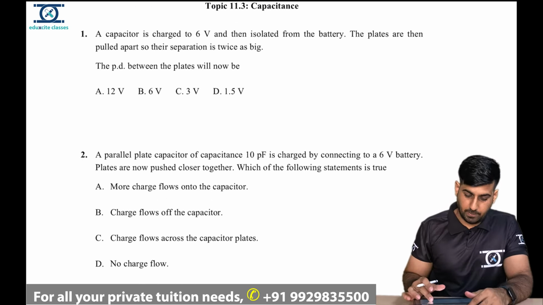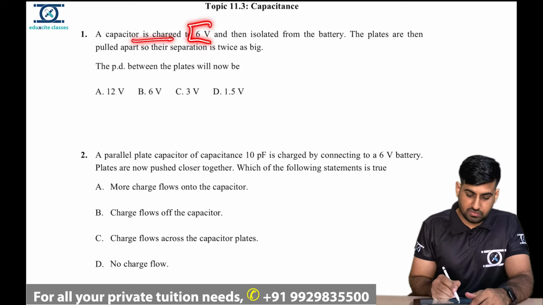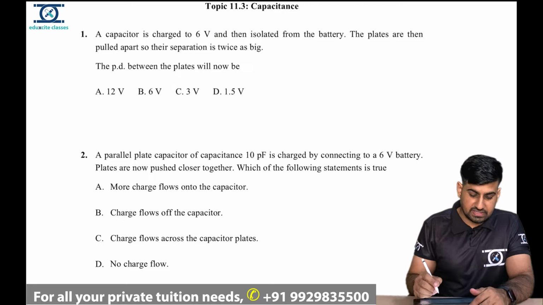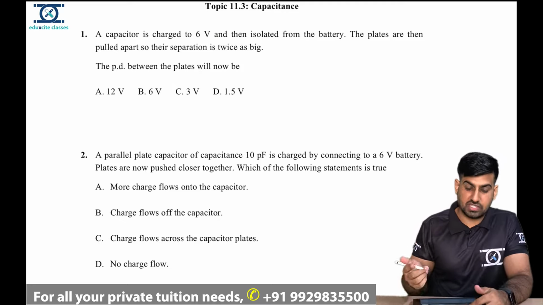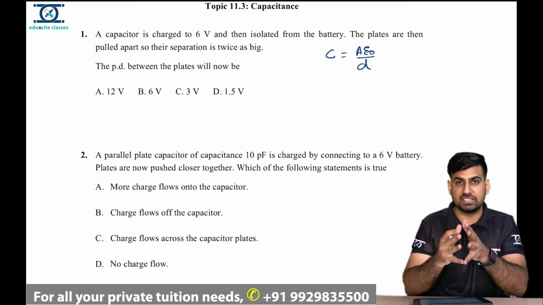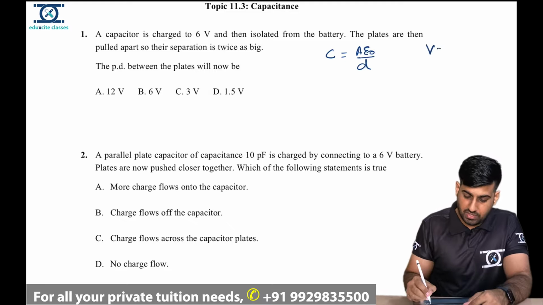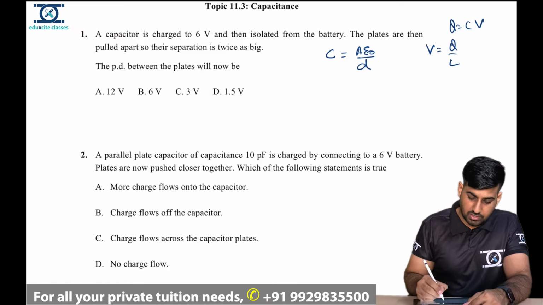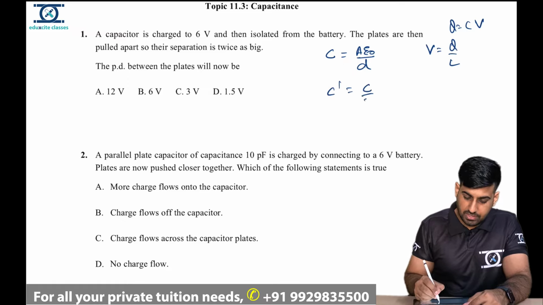Okay, now 11.3. A capacitor is charged to 6 volt and then isolated from the battery. The plates are then pulled apart, so their separation is twice as big. So one is the formula of capacitance, C equals area into epsilon divided by D. D is the separation between the plates, and we know that Q equals CV, so V equals Q by C. Now by doubling the separation, the new C dash will be C by 2, right?